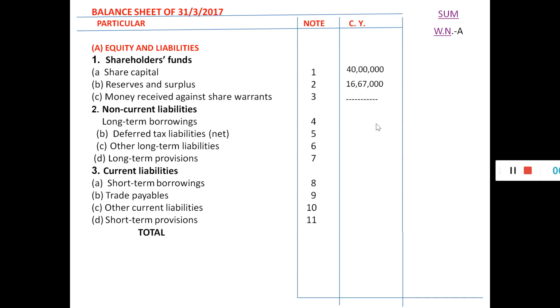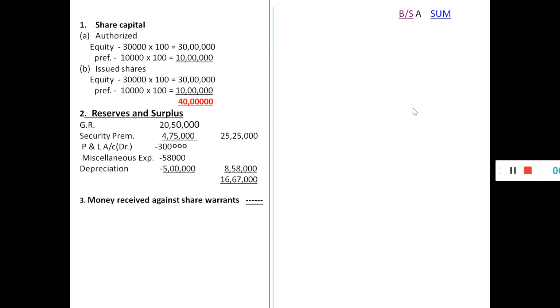No item under the note of 3. Go to the note number 4. Term loan 10 lakhs. Loan from directors 2 lakh.